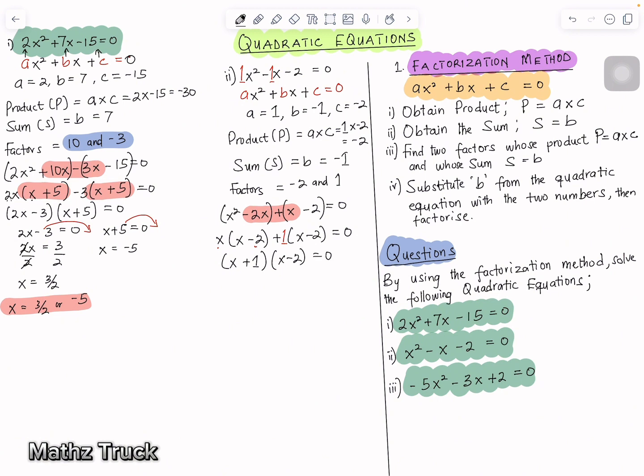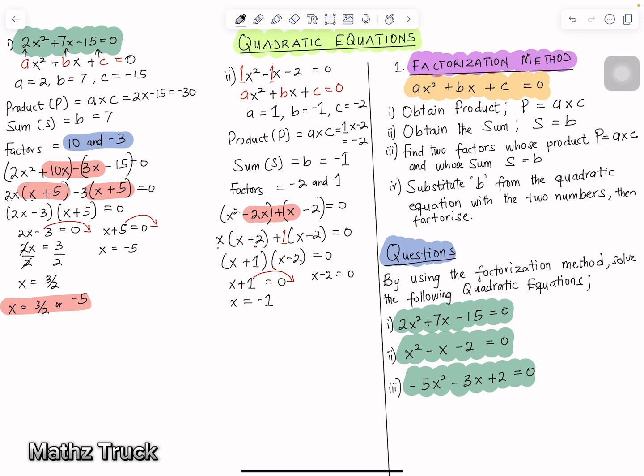Now solving the equations, we have x plus 1 equals 0. Taking the positive 1, when you cross it by grouping the like terms, crossing to where the 0 is, crossing the equal sign, the 1, which is positive, now turns to what? Negative. Now we take the other one, which is x minus 2 equals 0.